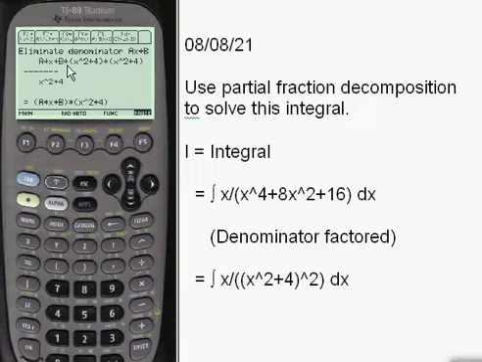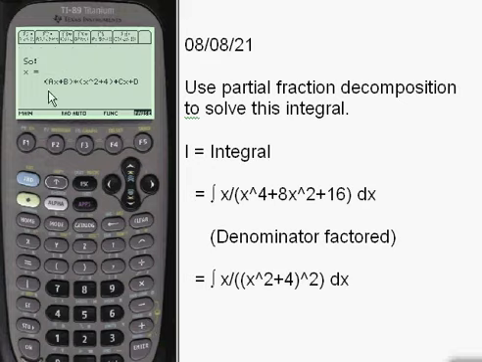We're breaking out the x squared to the second power, which is really two of these. Here we have this, so we're left with one of those. So here's the answer: ax plus b times x squared plus 4. Same thing with cx plus d, except we get rid of the denominator totally because it's exactly the same denominator times the numerator, so they completely cancel.